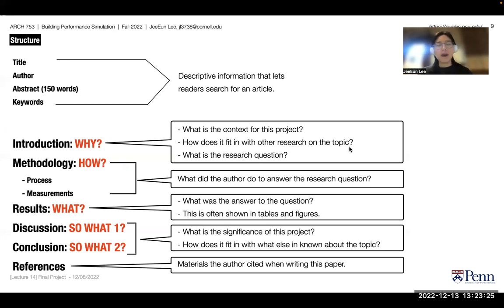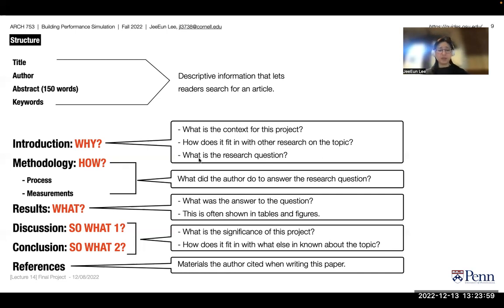Then you will find a gap from the previous papers so that you can find your position and say this paper is really important because the other papers are delivering this and that, but there is a gap you want to fill through this paper. Maybe it won't be too important for this final project, but if you write an academic paper, then that's a very important part.